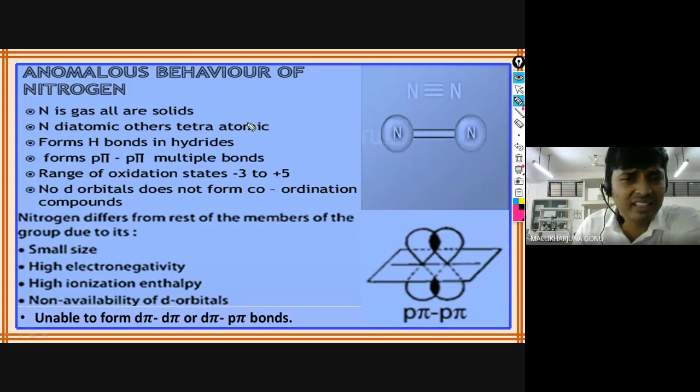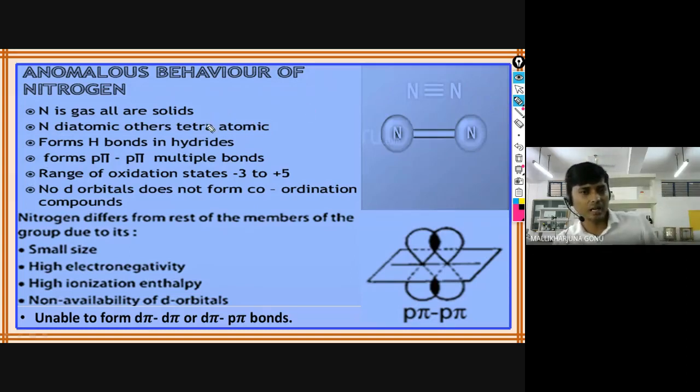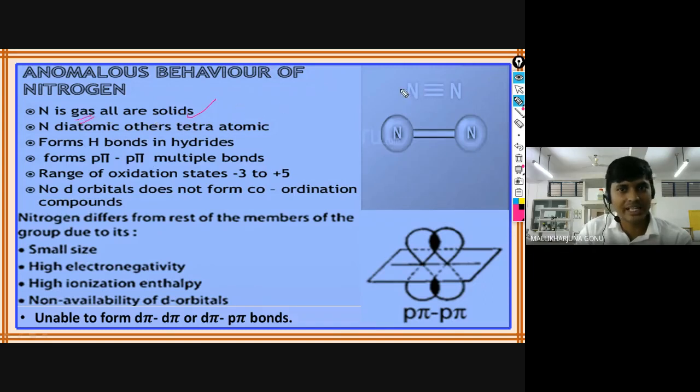In 11th also you have studied the anomalous behavior of carbon and boron, when you studied the 13th and 14th groups. Nitrogen is a gas. We know that nitrogen is N2, which is a gas. All the rest, phosphorus, arsenic, antimony, bismuth, are solids.